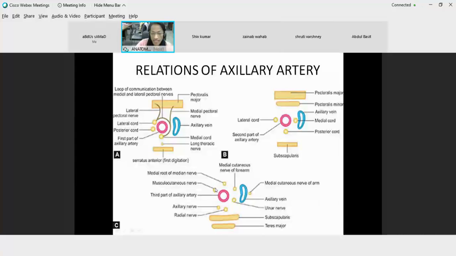Laterally, we have the musculocutaneous nerve. The musculocutaneous nerve is again arising from the lateral cord of the brachial plexus. Okay, so this is about the relations of the three parts of axillary artery. First part, second part, third part. Is it clear?